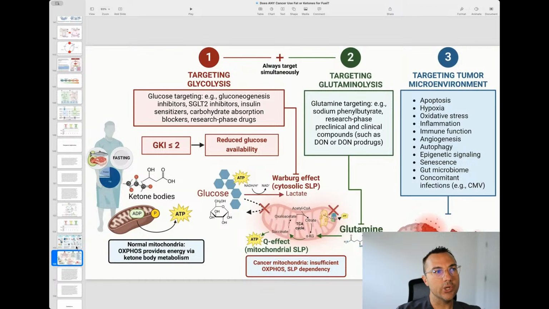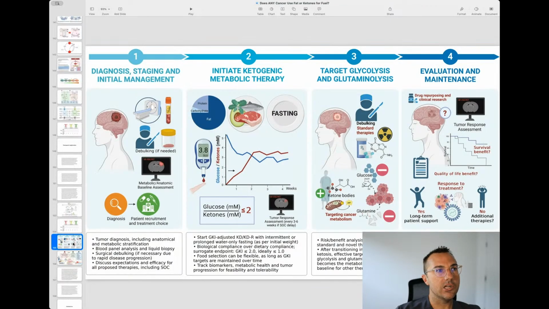They do a beautiful job of laying out what a ketogenic metabolic therapy strategy could be. And really, every open-minded doctor who does integrative or functional medicine and has any cancer patients should be handed that paper, because it's so good.